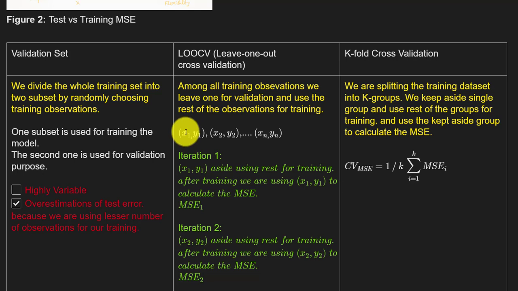If my observations are very high in number, that means n is very large, LOOCV will be very expensive to compute. But in the k-fold approach we generally choose k as 5 or 10 maximum. So whatever our number of observations, we divide the whole data set into either 5 or 10 groups at most. So k-fold definitely has a computational advantage.